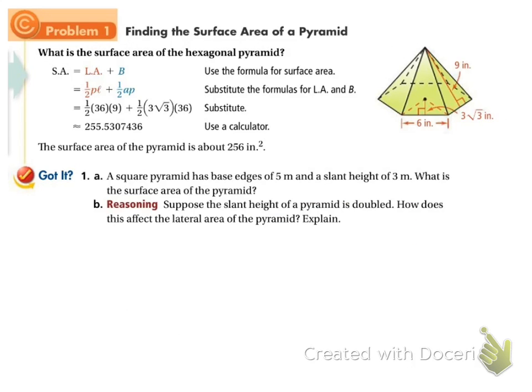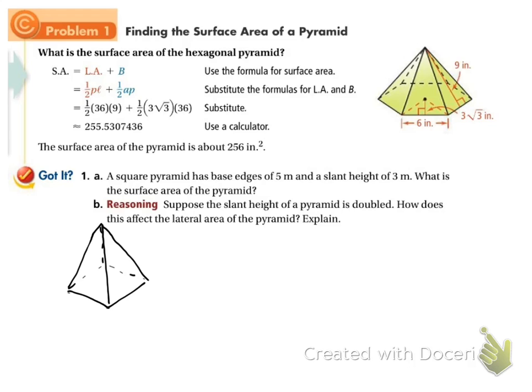So let's work with our got it problem here. We have a square pyramid, so I'm going to roughly sketch a square pyramid. Emphasis on the roughly. Not horrible. Okay, there's my attempt at a square pyramid.